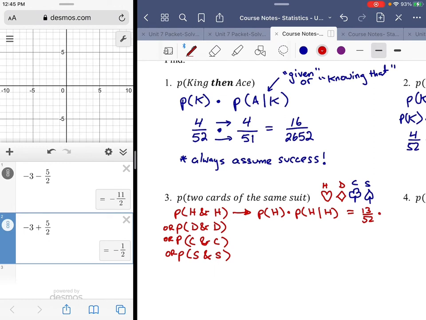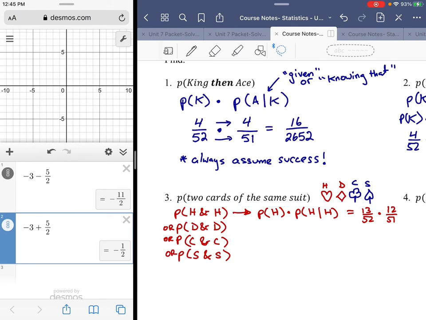Now, I drew a card from the deck, I pulled one out. Turned out it was a heart. Yes, I got a heart. That means there's one less card in the deck. It also means that there's one less heart in the deck.